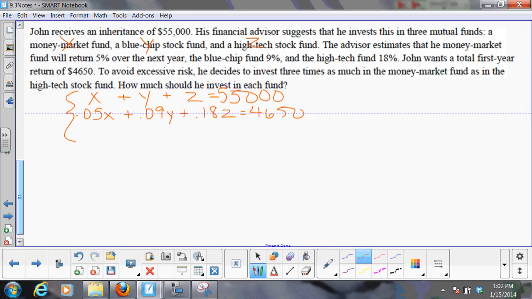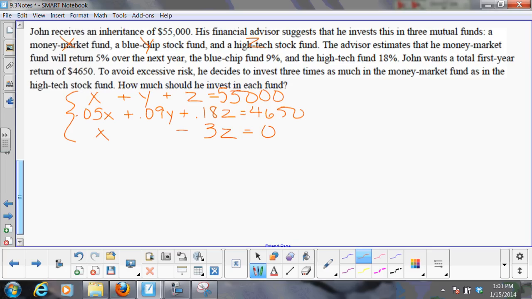And then lastly, it says he wants x to be 3z. So I'm going to change this last equation so that it looks like the rest. Okay, now I can use a system.